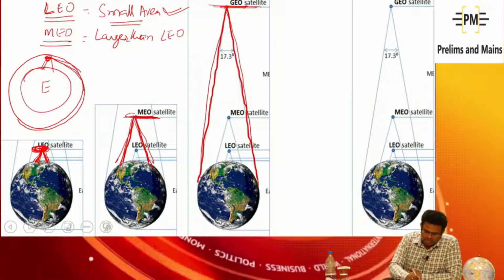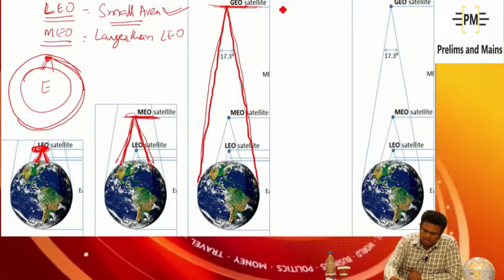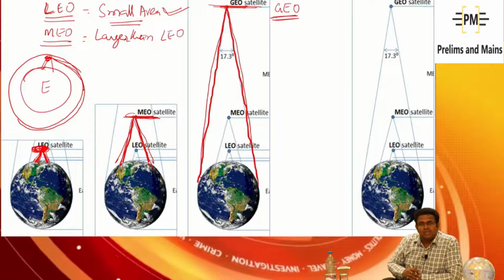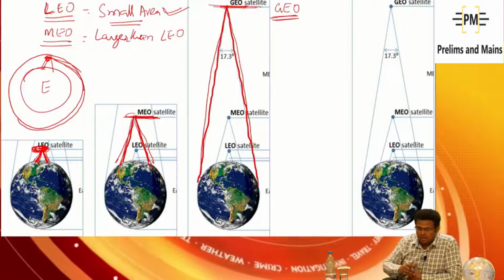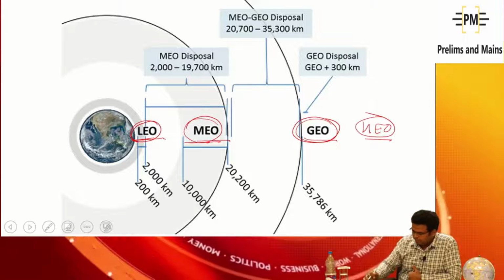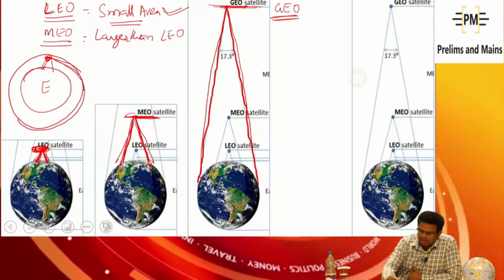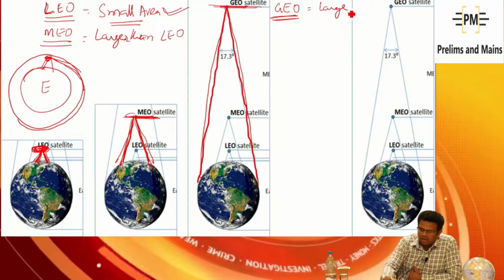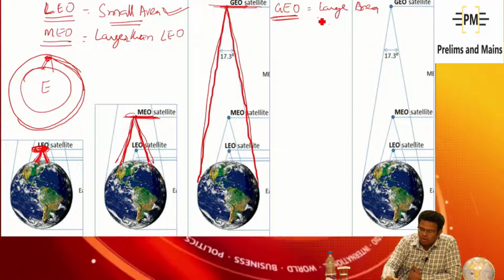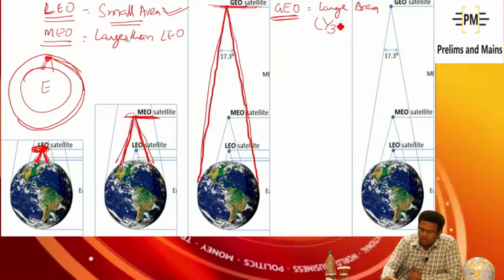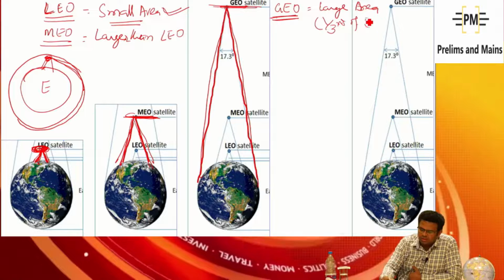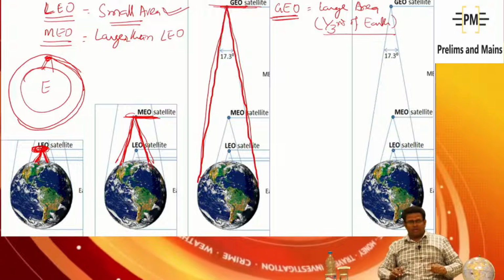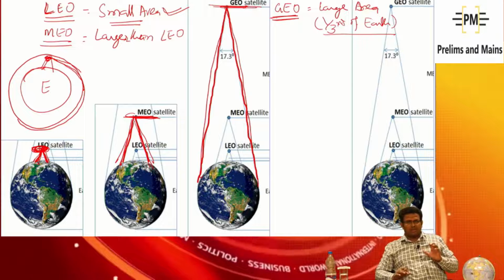In the geosynchronous Earth orbit, 36,000 kilometers above the Earth's surface, it is covering a large area, or we can say one third of the Earth's surface.